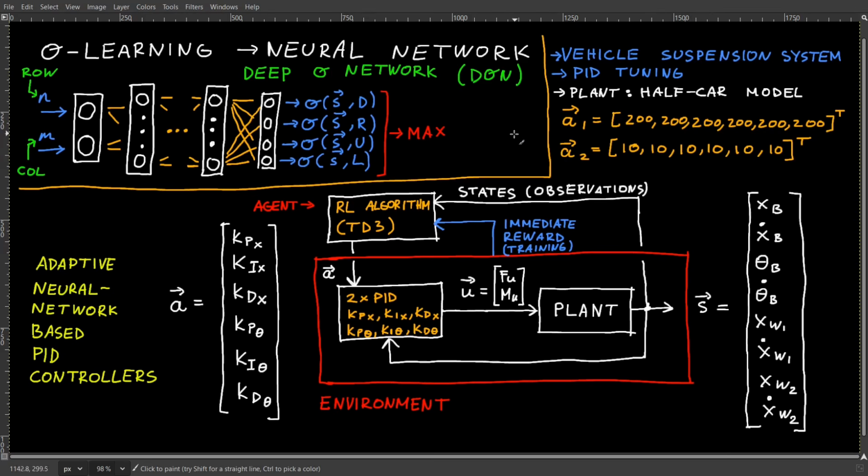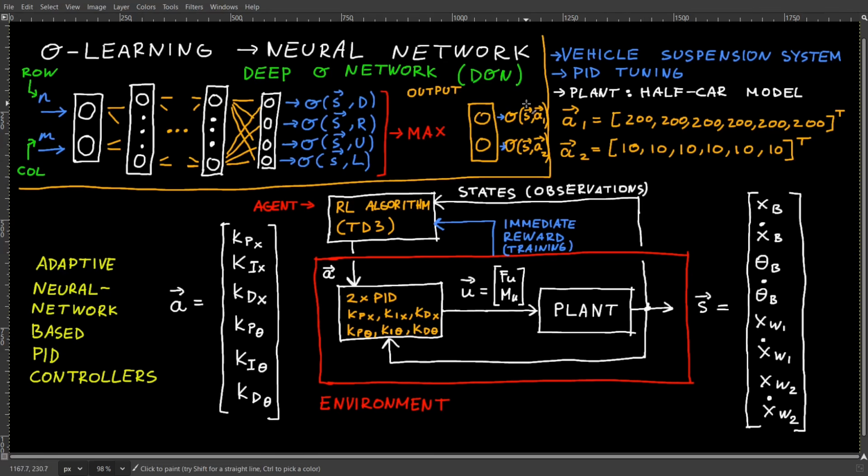Then, in principle, you could use DQN to solve this problem, because your output layer would have 2 neurons: a Q value for the state-action pair where you have the first action, and another Q value for the state-action pair where you have the second action vector.